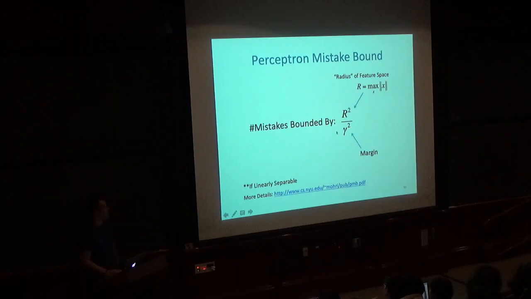So I could just think of R as 1 without loss of generality, and this is basically saying that as the positive and negative examples get closer together, even though the problem is separable, I require quadratically more updates to get to a mistake-free model.